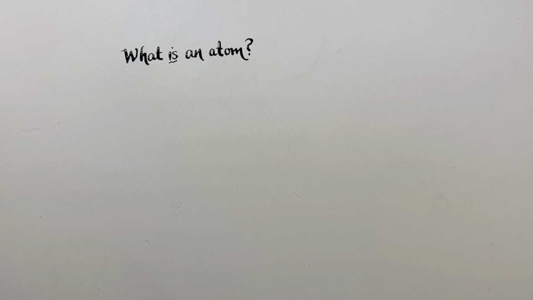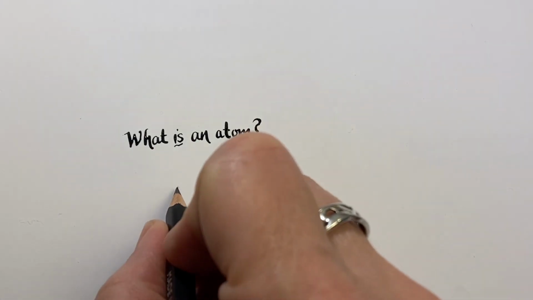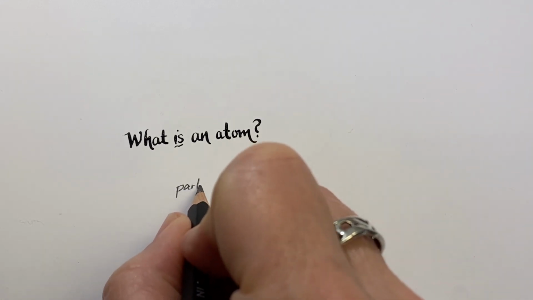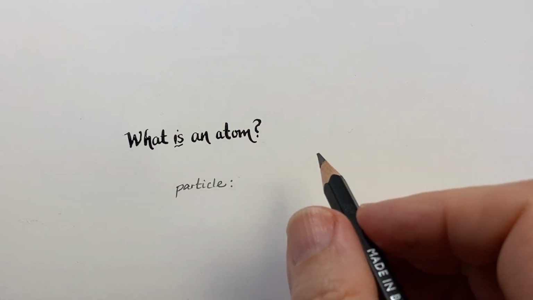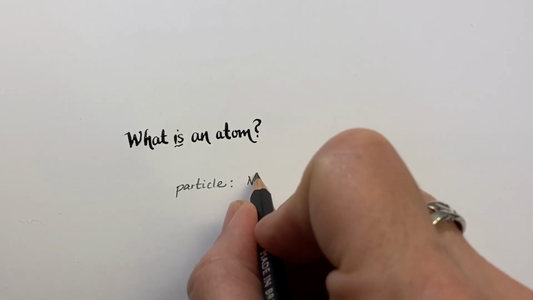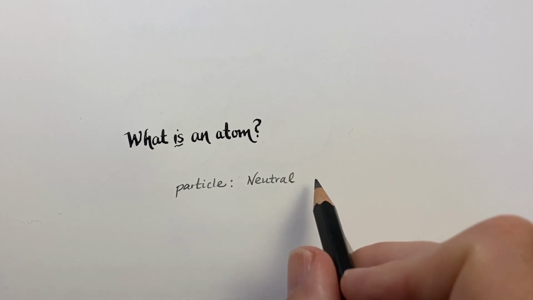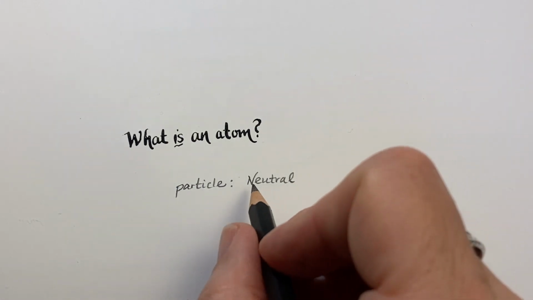So one of the first things I wanted to start out talking about is that there are particles. So a particle, here we go with the pencil, check it out. Particles, they can be neutral, which means that they don't attract or repel anything that is charged.